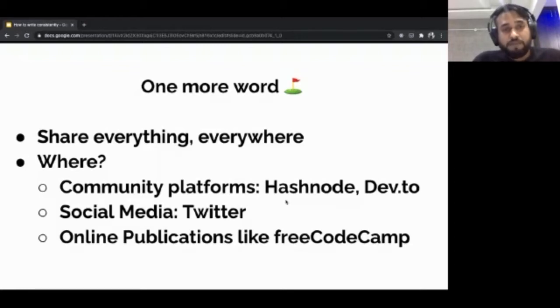Share on social media platforms, whichever one you use, Twitter, Facebook, Instagram, and try to cross post your posts or write for some online publications like freeCodeCamp and Hacker Noon, because they also have a huge audience. But you also get exposure of writing for different online publications.